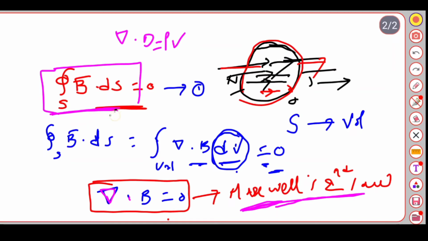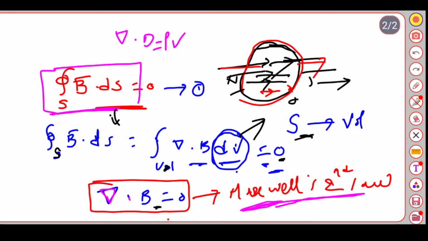Applying the divergence theorem, the surface integral can be converted into a volume integral. For this, the surface integral of B dot ds equals the volume integral of del dot B dv, which equals 0. But dv is not equal to 0; the volume enclosed by the closed surface is not always 0, it has some value. Hence we can write del dot B equal to 0.